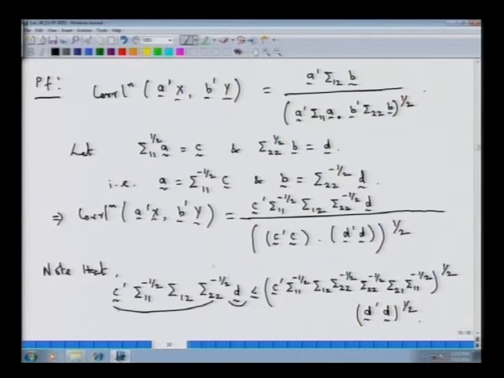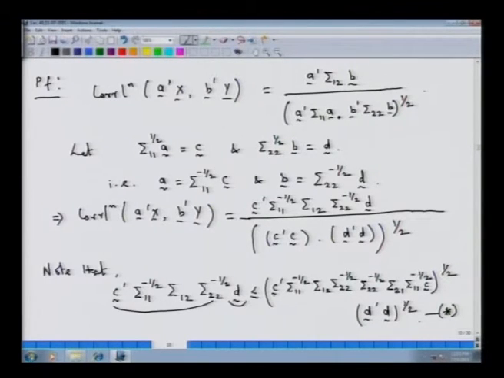So, the quantity in the numerator is less than or equal to this term when we apply the Cauchy-Schwarz inequality. Let me give an equation number to this, because later on we will be using these equations in the derivation. Let us now look at this particular term. A term C was missed out here.